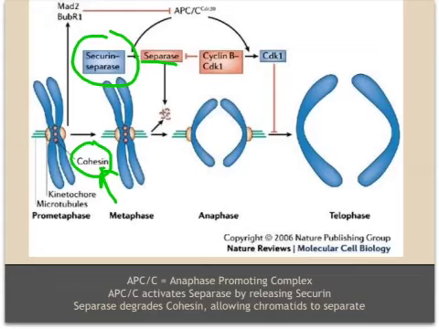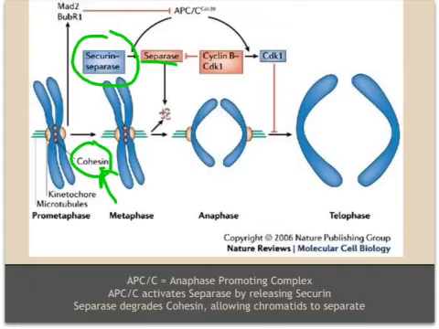However, there is a sort of safety latch on those scissors. That safety is called securin. It inhibits separase activity. So we've got a bunch of different proteins and molecules preventing the breakdown and separation of those chromatids.